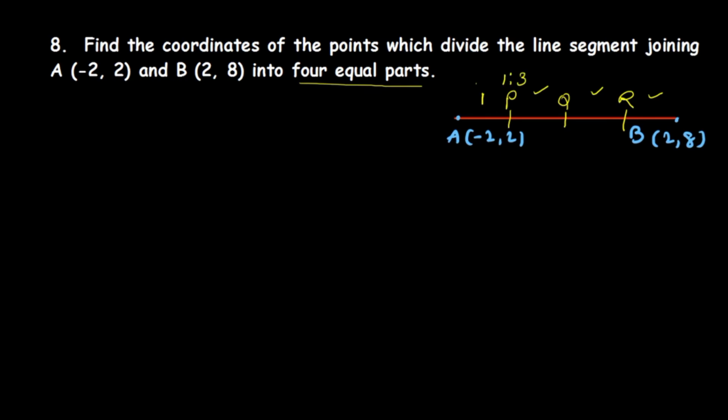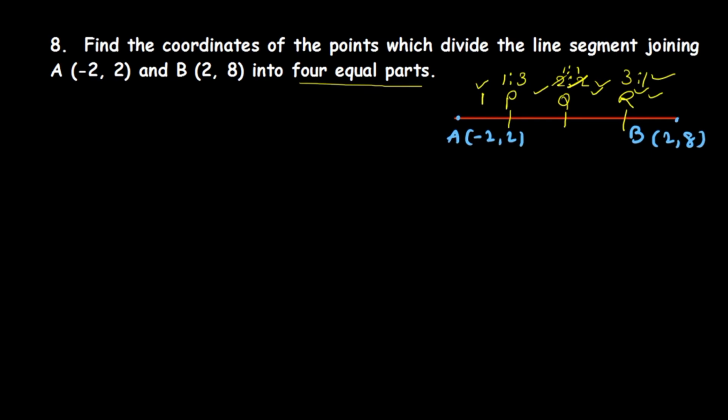Similarly Q is dividing; here we have 2 parts and on this side again 2 parts, so 2:2, which means a 1:1 ratio. And what about R? On this side we have 3 parts and here 1 part, so a 3:1 ratio. That means P divides 1:3, Q divides 1:1 and R divides 3:1.